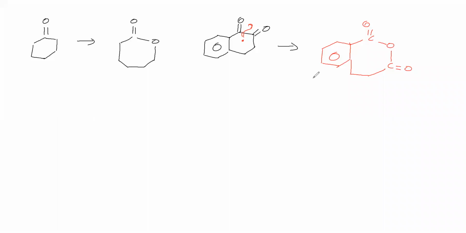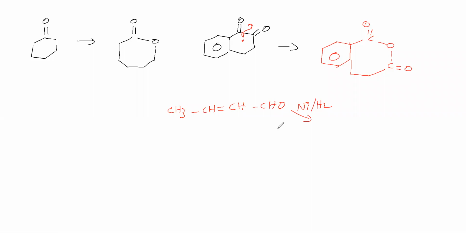Next we will see reduction of carbonyl compounds. Now I will take CH3 CH double bond CH CHO. It is an unsaturated carbonyl compound. To this, the reducing agent I am giving is nickel and hydrogen. Nickel is the catalyst, hydrogen gas.